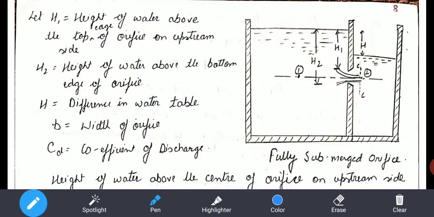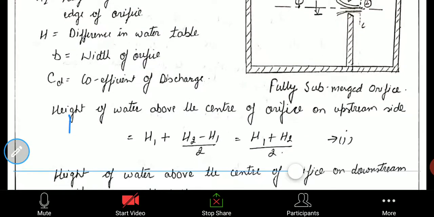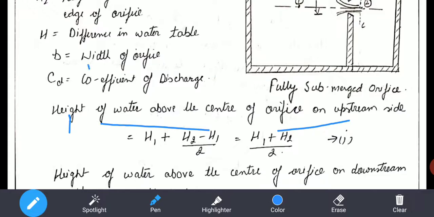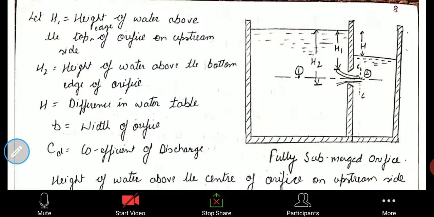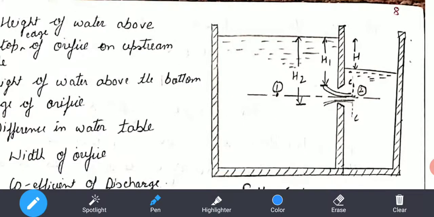So see here, the height of the water above the center of the orifice on the upstream side. Firstly, there are two sides here. The side where the water level is high is known as the upstream side, and where the water level is low is known as the downstream side.